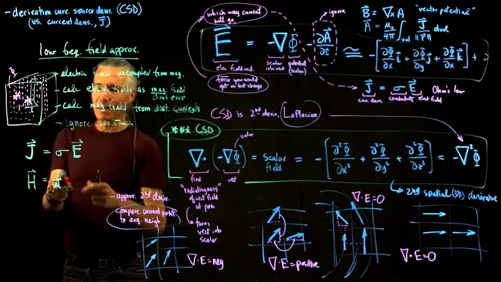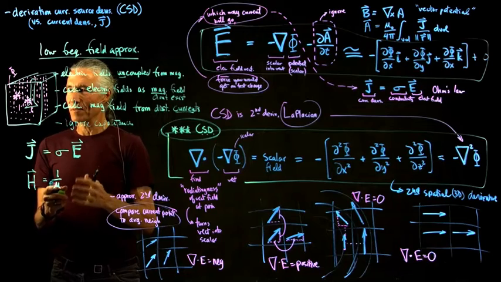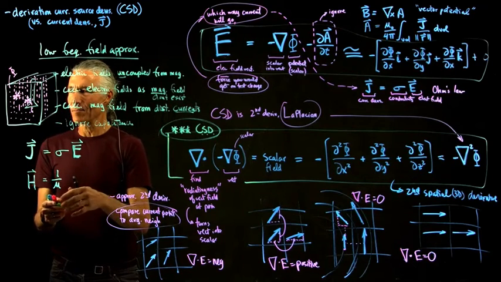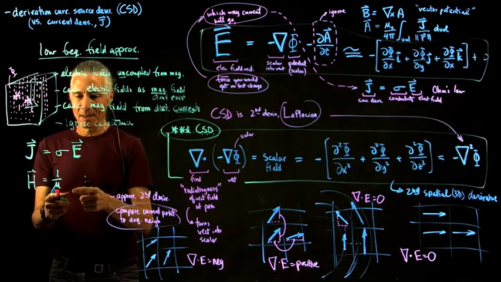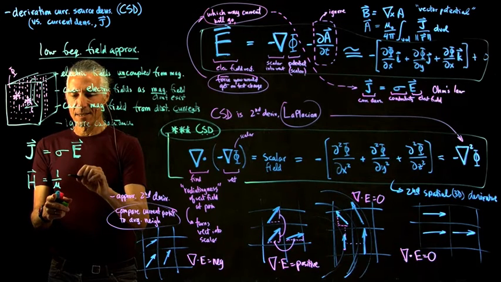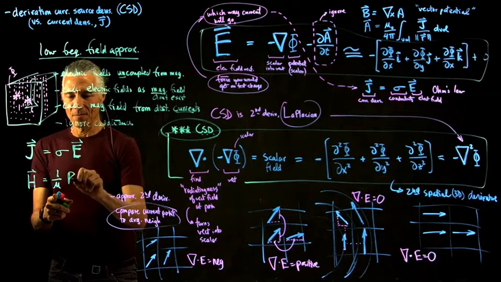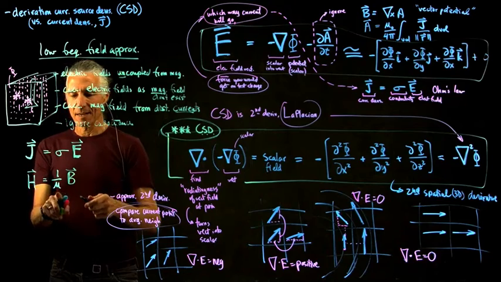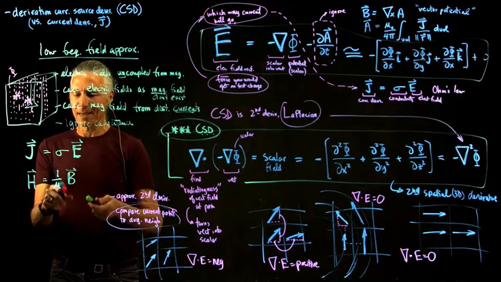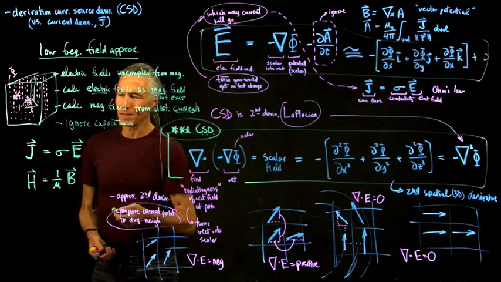So are you in a piece of iron, which is really magnetizable, or are you in air? That constant is multiplied by the B field. You can think of it as magnetic resistance, or the inverse of magnetic resistance.